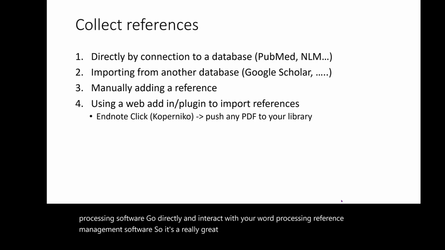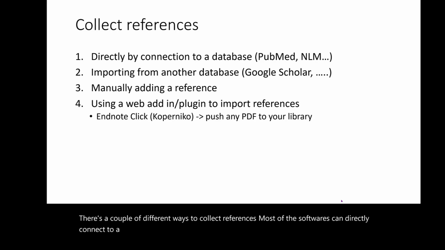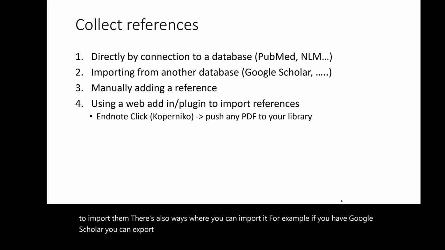There are a couple of different ways to collect references. Most of the softwares can directly connect to a database, so you can pull references in directly, so you don't have to use external sources to import them. There are also ways where you can import them. For example, if you have Google Scholar, you can export it and then import into EndNote.